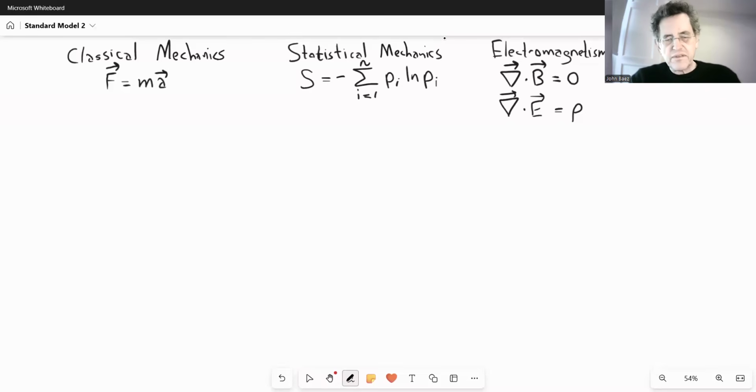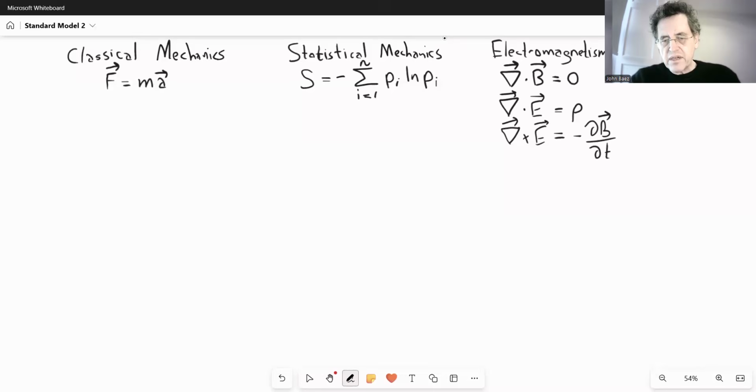There are also equations that describe how the electric and magnetic fields curl around. The electric field curls around at an amount equal to negative the time derivative of the magnetic field.